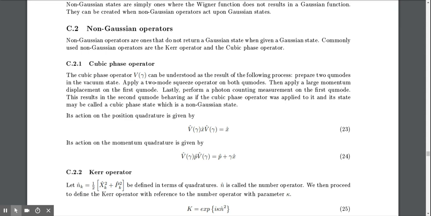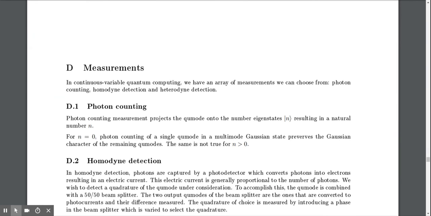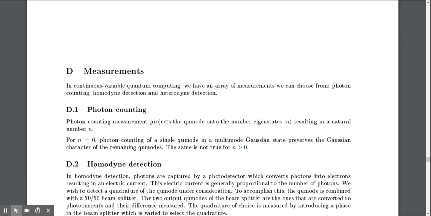Then apply a large momentum displacement on the first Q-mode. Lastly, perform a photon counting measurement on the first Q-mode. So you're counting natural number n. Photon counting a single Q-mode preserves the Gaussian character. Okay.